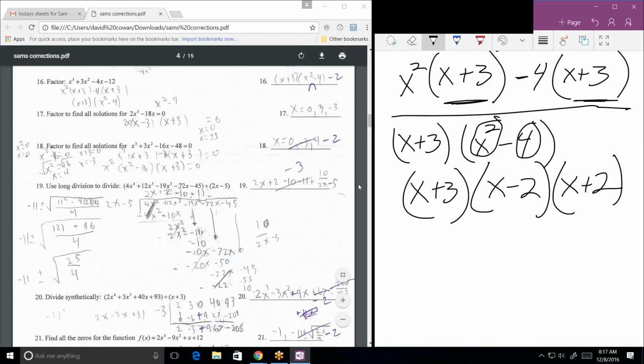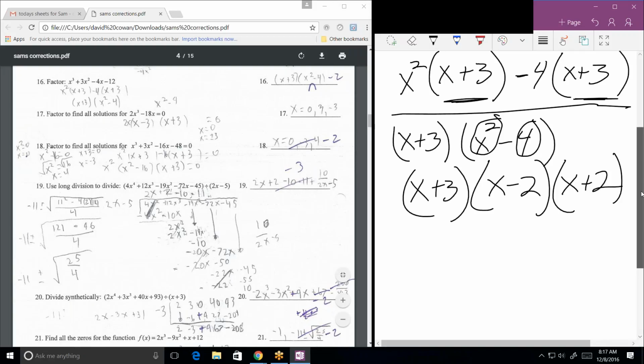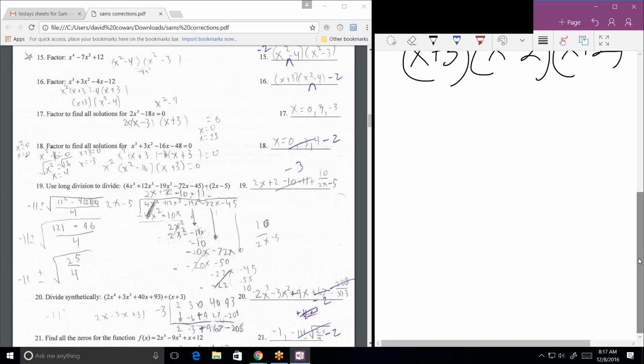All right, 18. Can I do this by grouping? Yes, you can. Okay, so it looks like you got to this step right here.